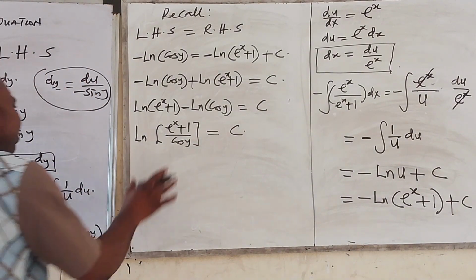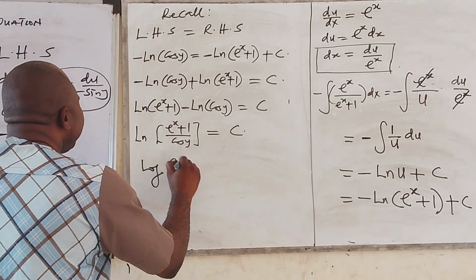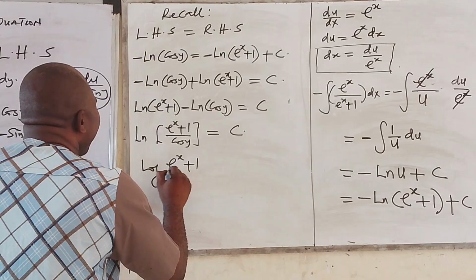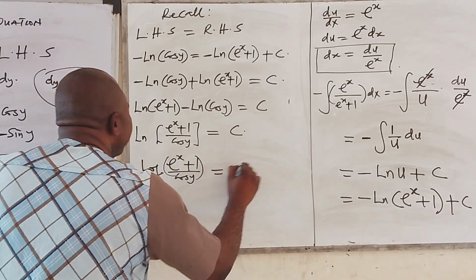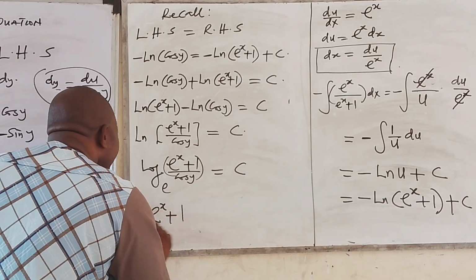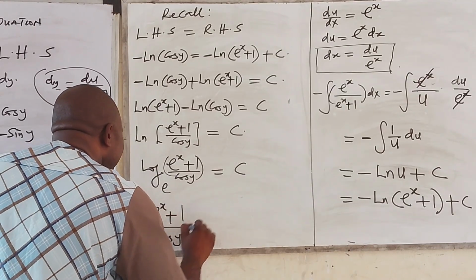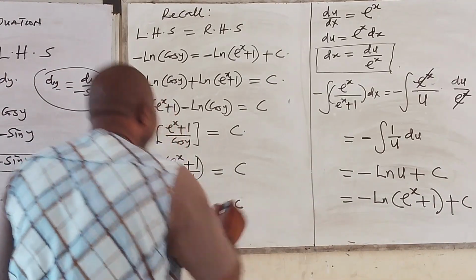And we all know that this is the same thing as saying log base e of e raised to the power of x plus 1 all over cos y is equal to c. So it means e raised to the power of x plus 1 all over cos y will be equal to e raised to the power of c.